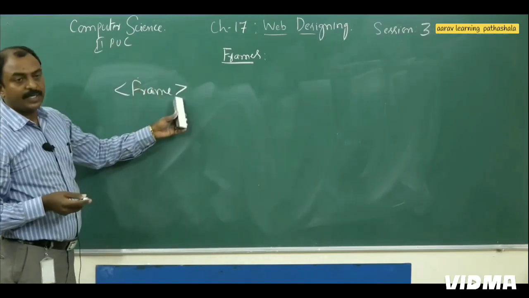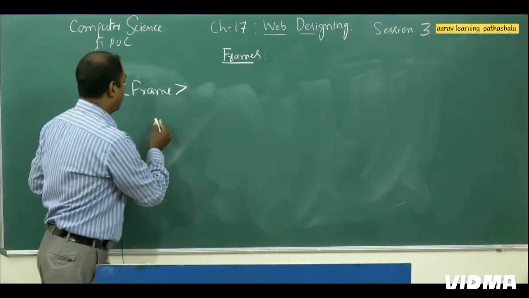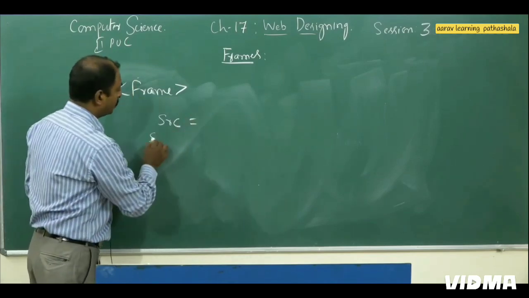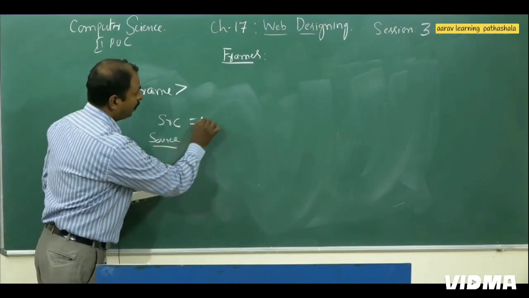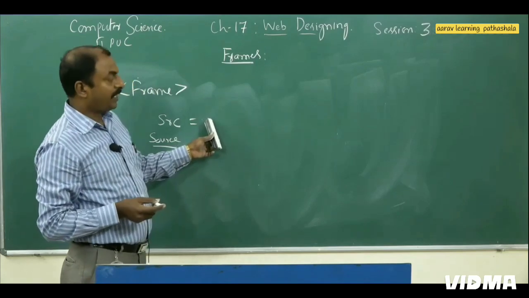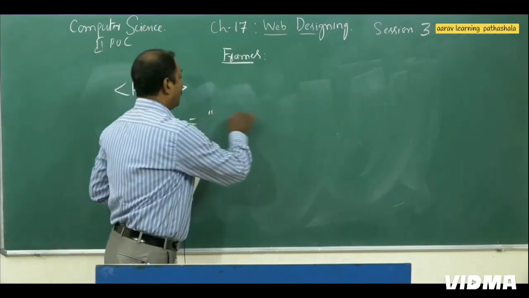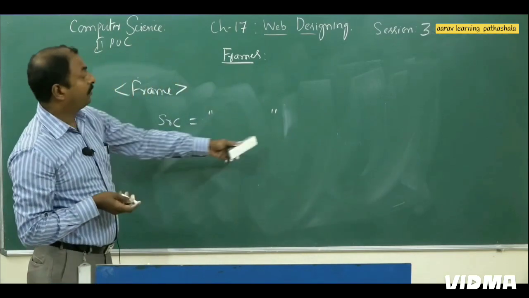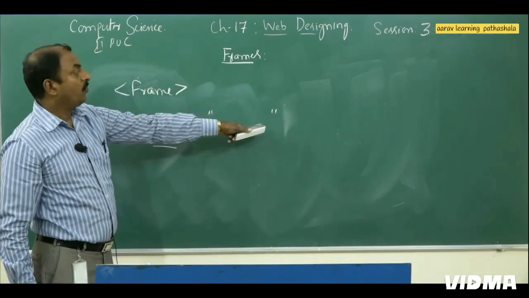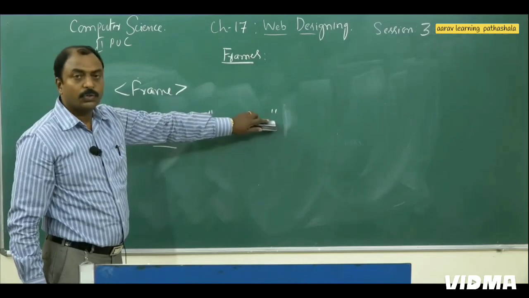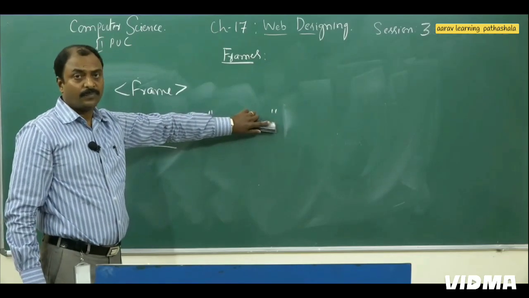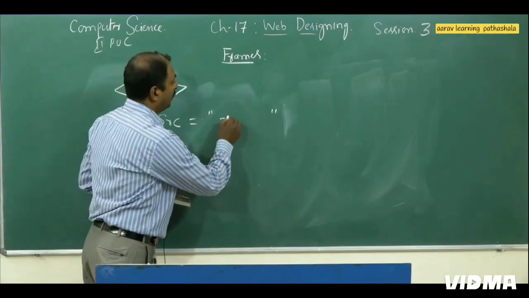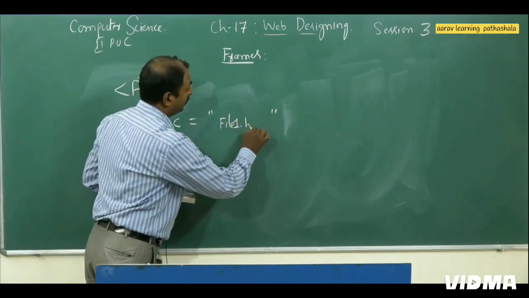Along with the frameset, we are using the frame tag, and this has the attribute SRC. SRC stands for source or location. This is the place where we mention the location of a particular file, as I told you in the beginning, file1.html. That file1.html we are supposed to write here.